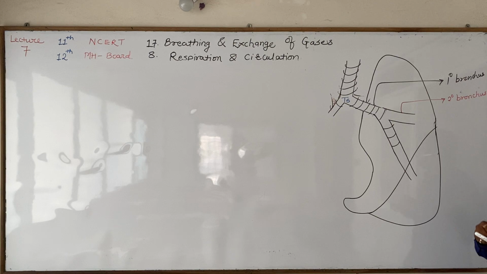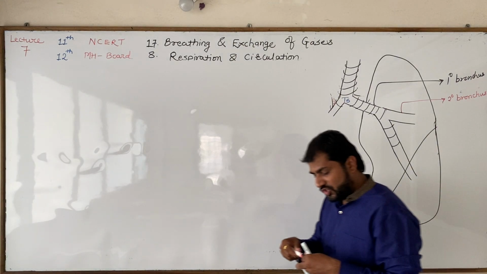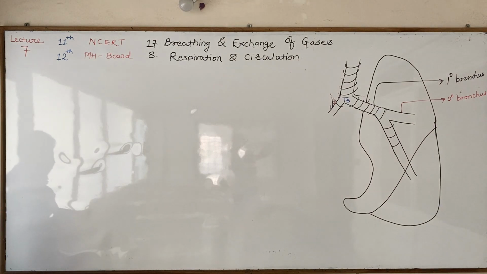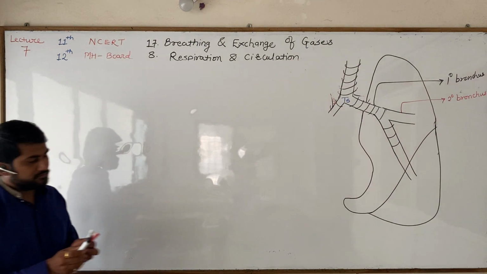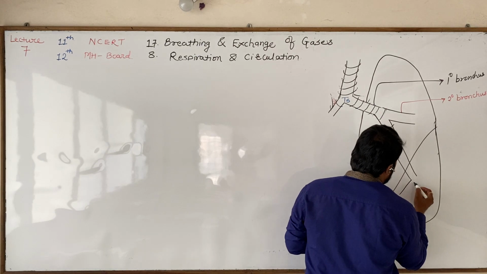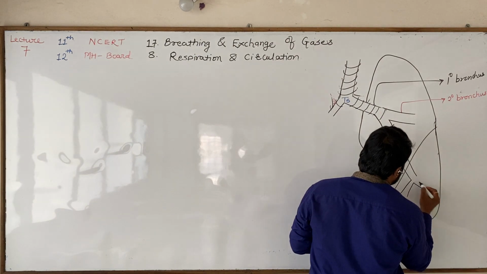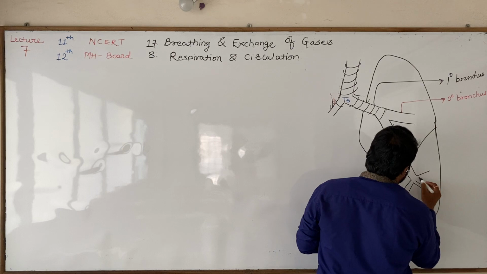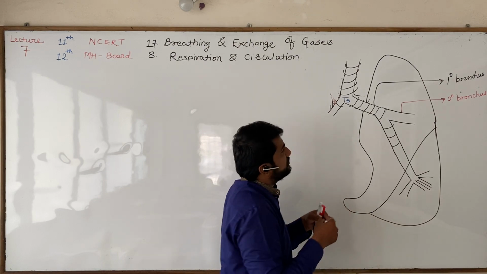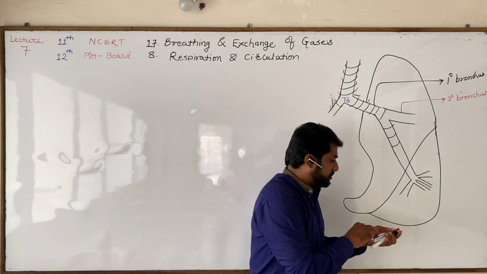Secondary bronchi again divide into tertiary bronchi. The branches of secondary bronchi will be tertiary bronchi.